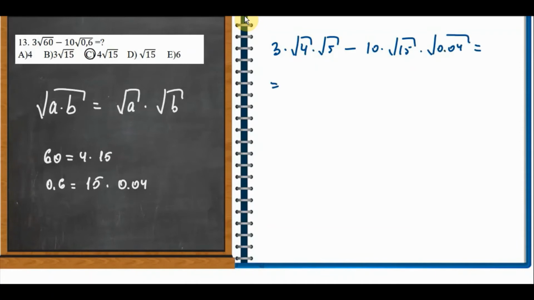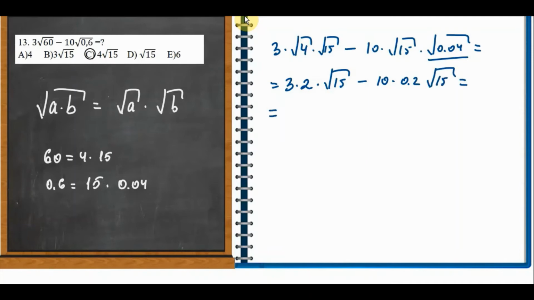Now it's obvious that the square root of 4 is 2, and we have square root of 15 here, minus 10 multiplied by 0.2, because 0.2 times 0.2 is going to be 0.04, and square root of 15.